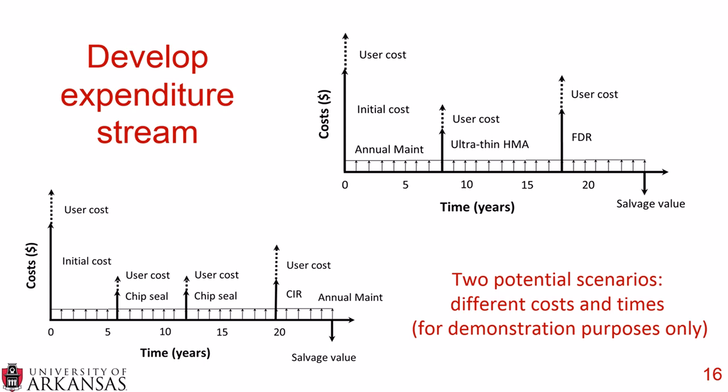So this is just an example of how we have two different potential scenarios, and there are different costs and times associated with these scenarios. I'm not claiming that these are good treatment selections. This is for demonstration purposes only, just to show that you can have one road, but you can solve any sort of potential issues with two different strategies.